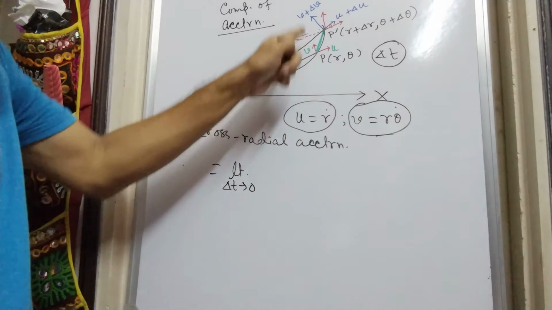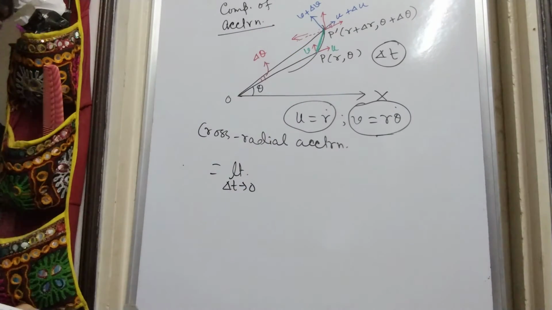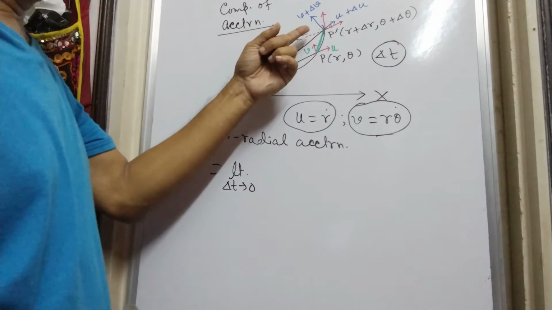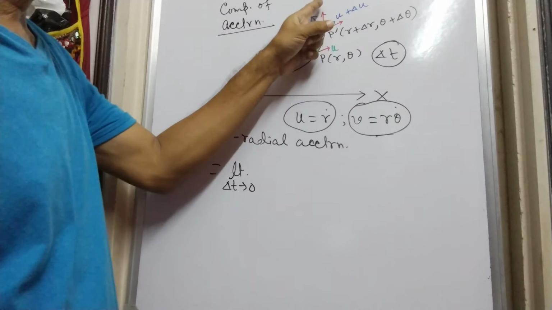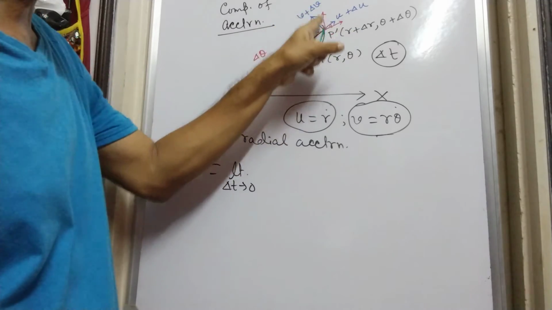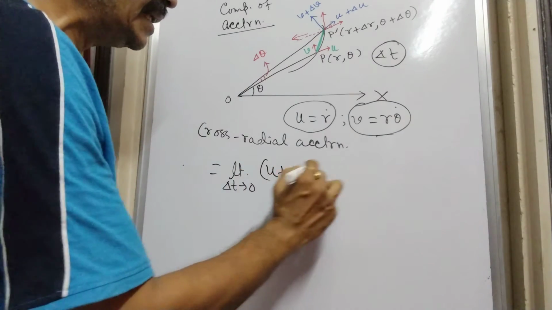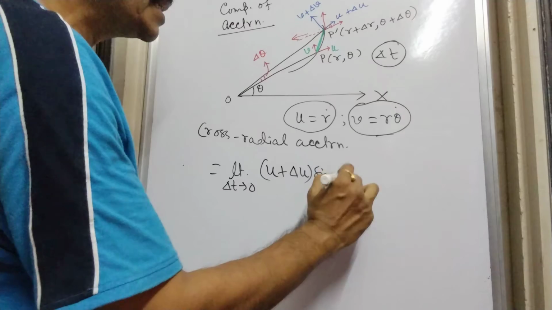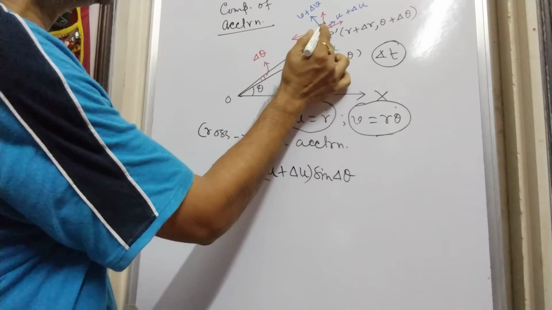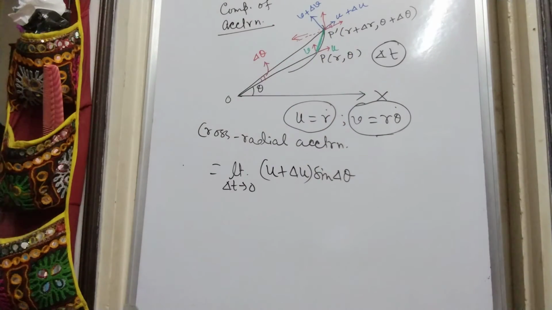So along this the velocity was v, and now what is the velocity? Along this direction, it is the component of u plus delta u along this, which is u plus delta u sine delta theta, isn't it so? Obviously, since this is delta theta, this is 90 minus delta theta, and this is sine delta theta.